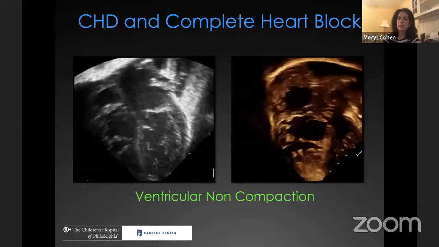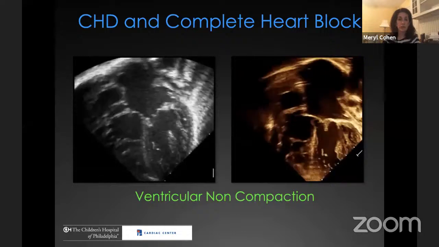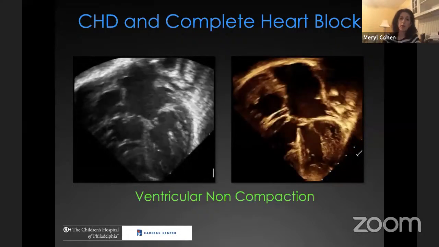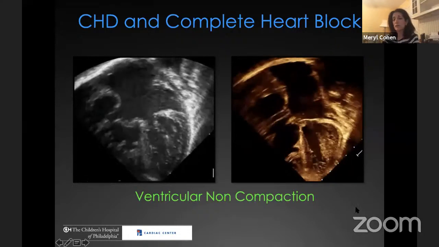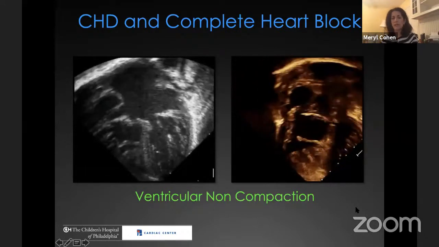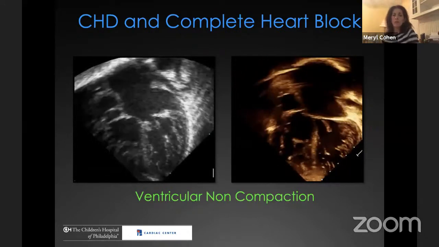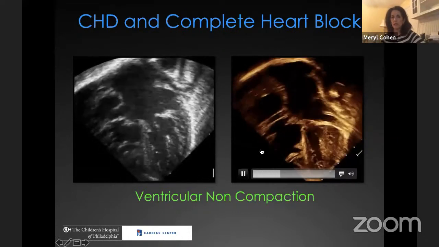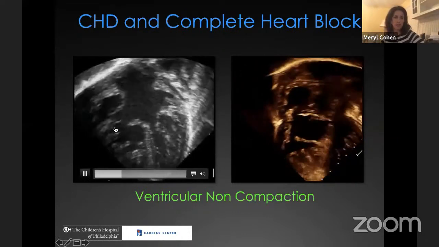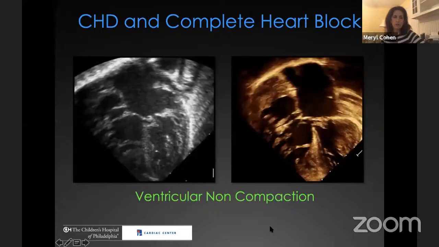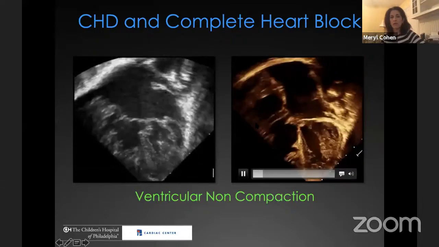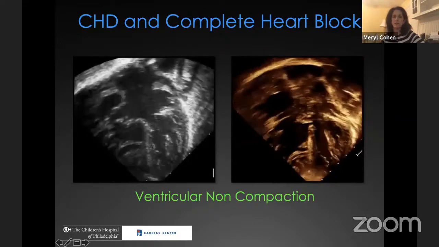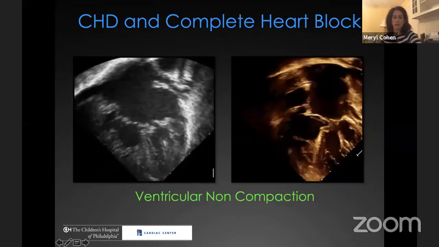And even if you pace these patients very early, essentially from birth, what often will happen is because of the non-compaction, they will develop a type of cardiomyopathy, which ultimately results in demise or need for heart transplant. You can see how in this patient early on, ventricular function was relatively okay, but over time developed severe RV dysfunction over time.